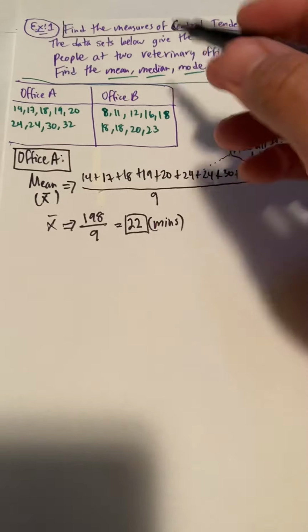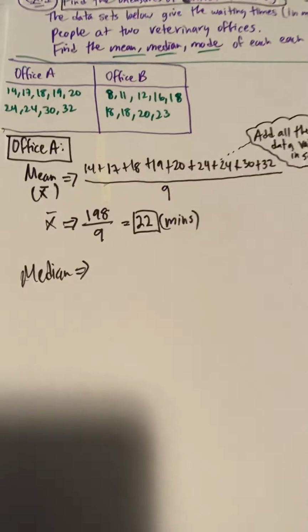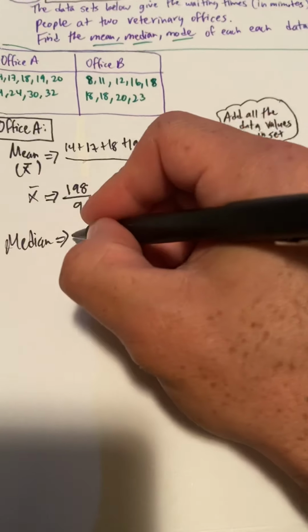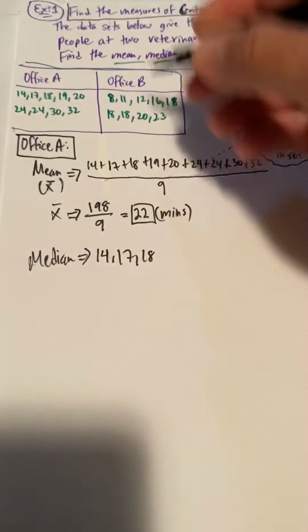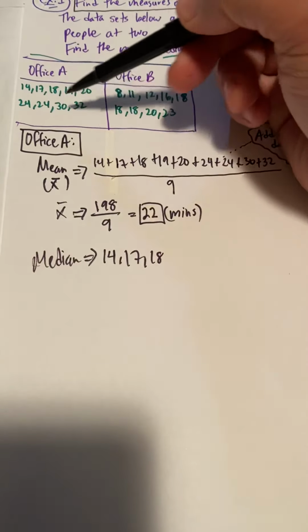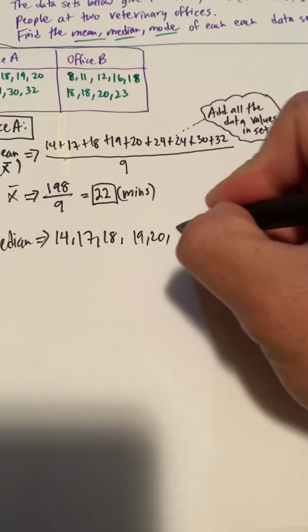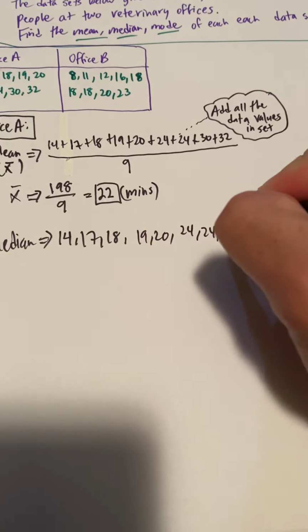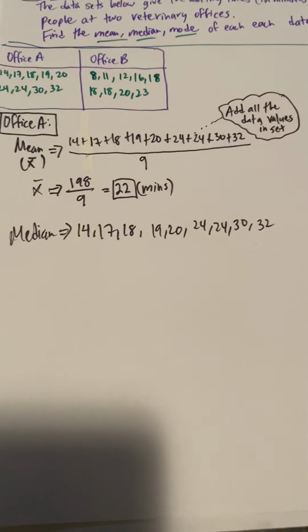Okay, so step 2, find the median. To find the median, we have to make sure that the data values in the set are written from least to greatest. In this case, they are, as we noted in the beginning. So I'm just going to copy them down here. And then we have to find the center of those data set values.